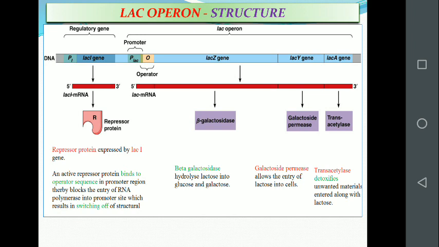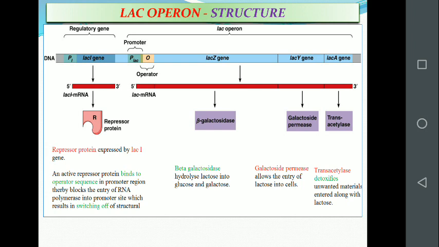So this is an enzyme that detoxifies the unwanted molecules which entered into the cell along with the lactose through the permease. Any unwanted toxic materials, if they enter into the cell along with the lactose, must be cleared off from the cell, otherwise they may harm the bacteria.